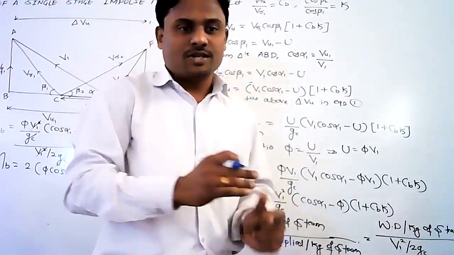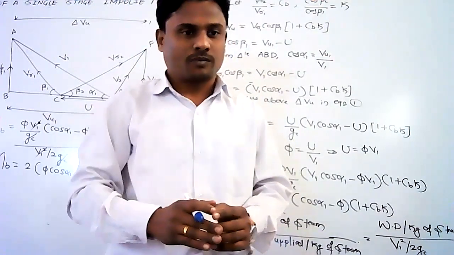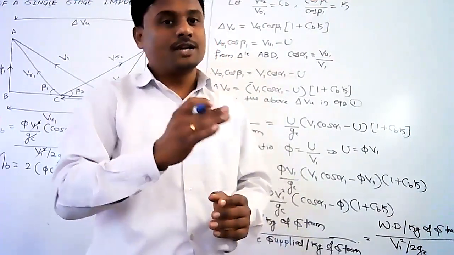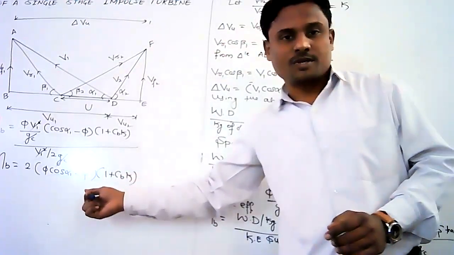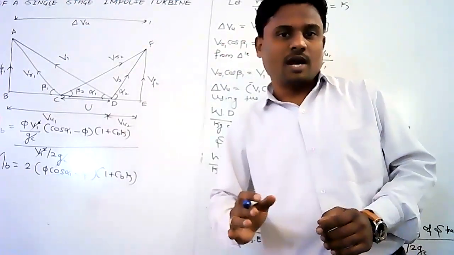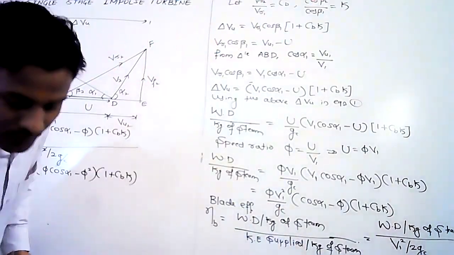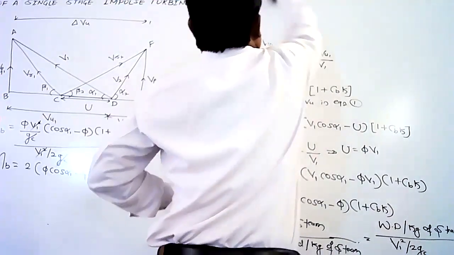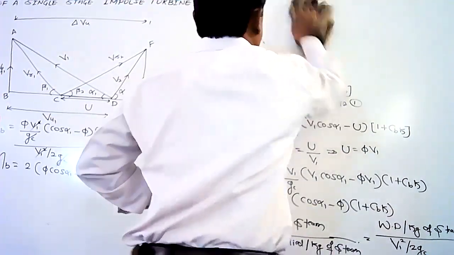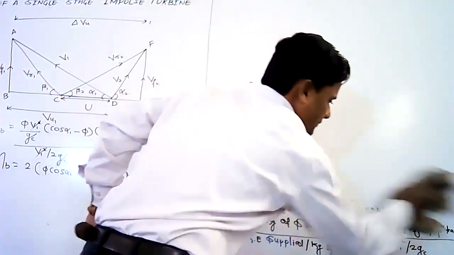Let us differentiate this equation with respect to phi and equate it to 0 to get the condition for maximum blade efficiency. Now let us rub this portion so that I can get enough space to derive the equation.